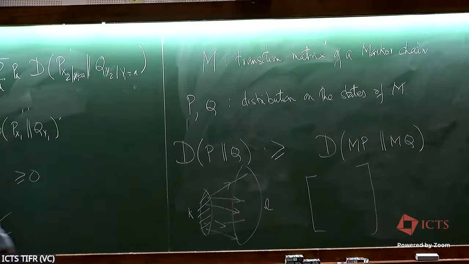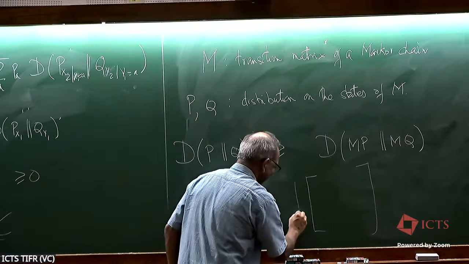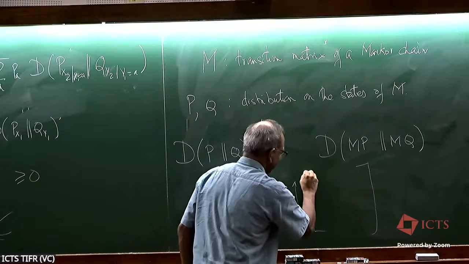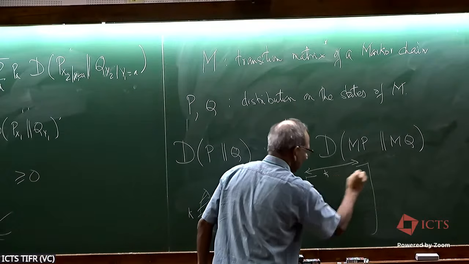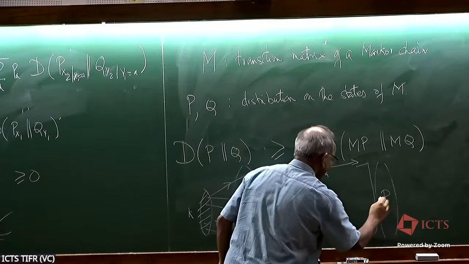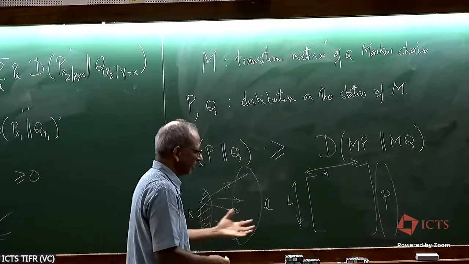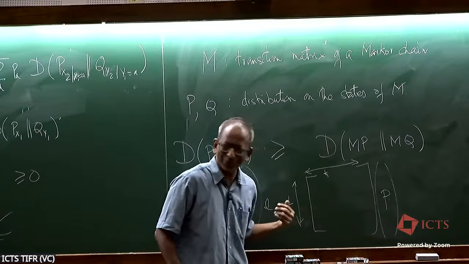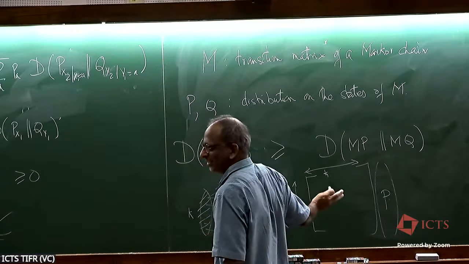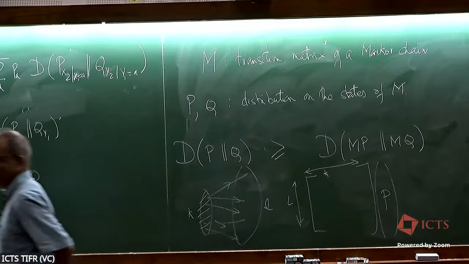So this is L and this is K, and you multiply it with P. Unfortunately, matrix multiplication works like this. English language is written like this. What can I do? Somebody had a question.